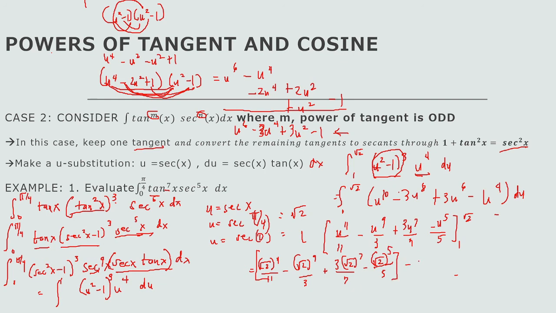Okay, this one is easy because it's just 1. 1 over 11 minus 1 over 3 plus, okay, using our calculators, it will lead us to the answer of 0.3028. So let's use 4 decimal places for this answer.